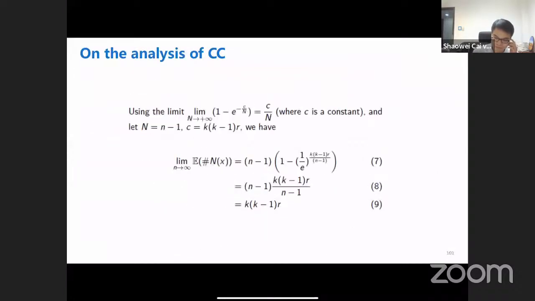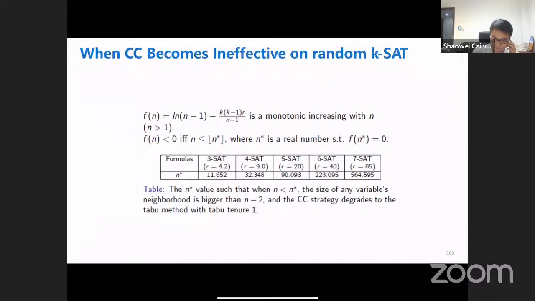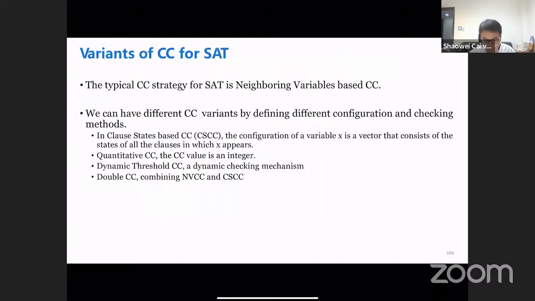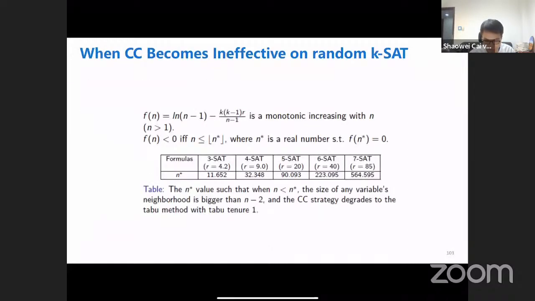Okay, but this part explains, for random k-SAT, when does CC become ineffective? I tried to answer this question and found a bound here for random k-SAT.